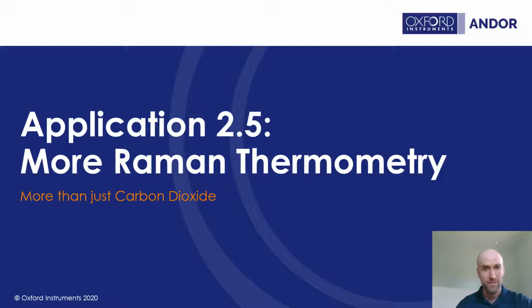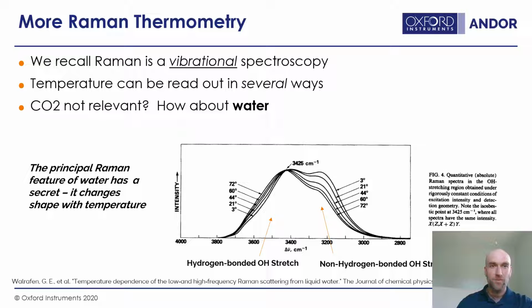Unfortunately, seemingly more and more these days, but there are other systems that we're working with. So as we recall, Raman is a vibrational spectroscopy. So you can imagine that when temperature comes in, temperature and vibrations are quite related. Molecular vibrations are temperature. So temperature can be read out in several ways, one more of which I'm going to talk about real quick. If CO2 isn't relevant, what about water?